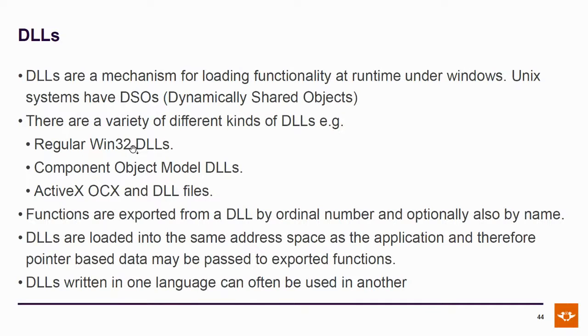On Windows, there's a bunch of different things that are DLLs. There's the simple Win32 DLLs. Obviously, Win16 before it also had DLLs. Then there were DLLs that were a bit more composition-based and a bit more object-oriented in their presentation.